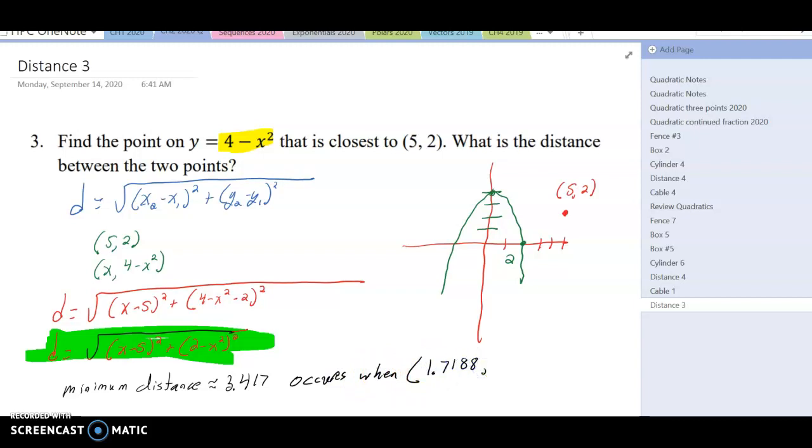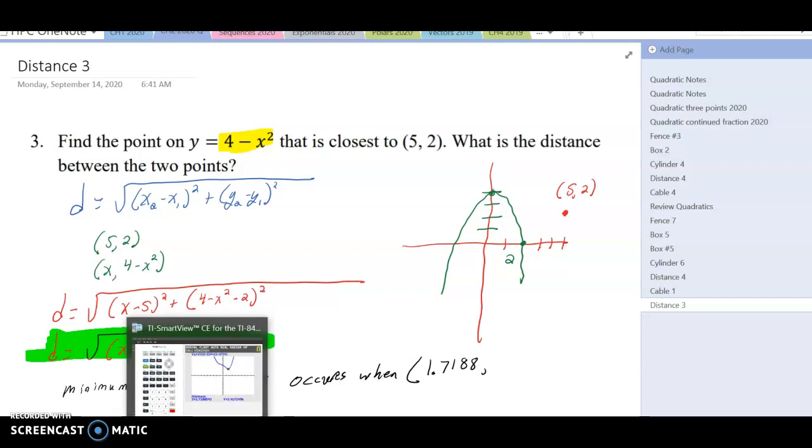If you plug that 1.7188 back into 4 minus x squared, you'll get the y coordinate.